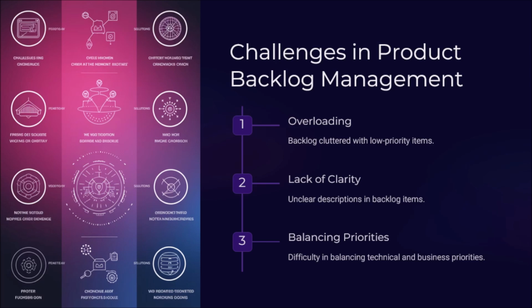So, overloading the backlog with low priority items and ignoring the high priority items, not keeping enough descriptions of the high priority items, and also difficulties in balancing the technical and business priorities, these are the challenges that you might face when managing the product backlog.